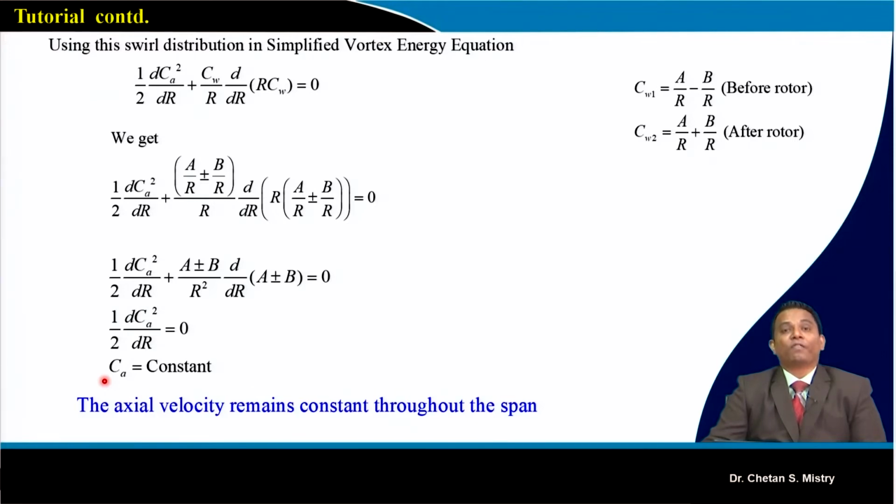For free vortex, we have seen that we need to satisfy 3 conditions: one, constant total enthalpy; second, constant axial velocity; and third, Cw into R equal to constant. So the axial velocity is constant, and it will remain 30 meter per second at the entry of the rotor as well as at the exit of the rotor.